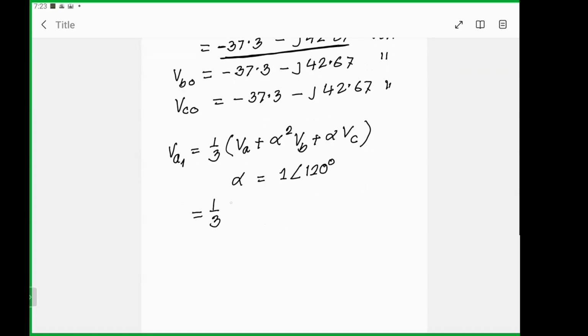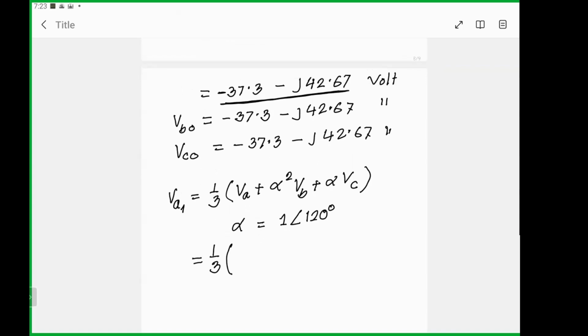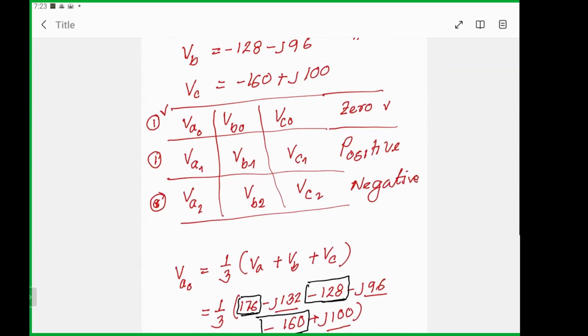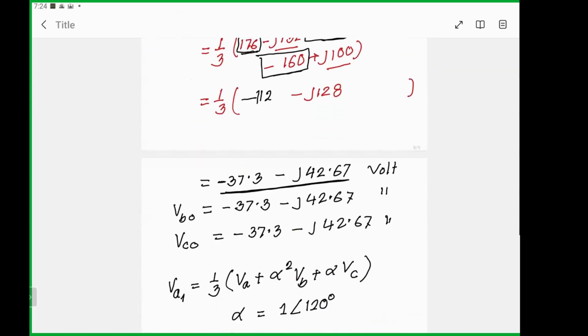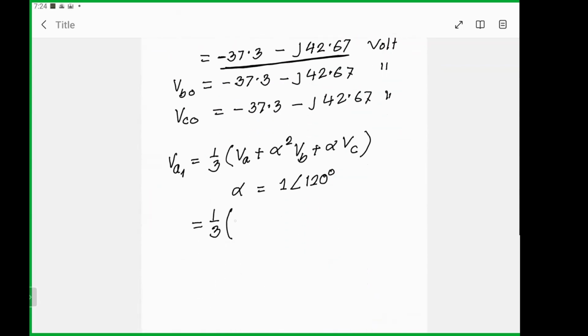So 1/3, now we have to write down this value. I will use another bracket here: 176 minus J132. Nothing is multiplied.